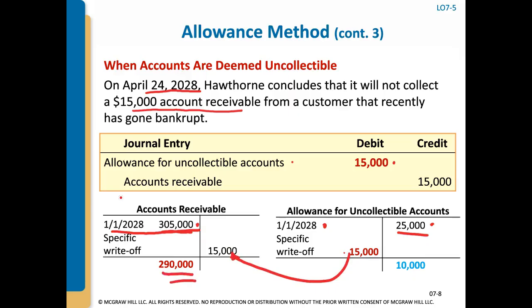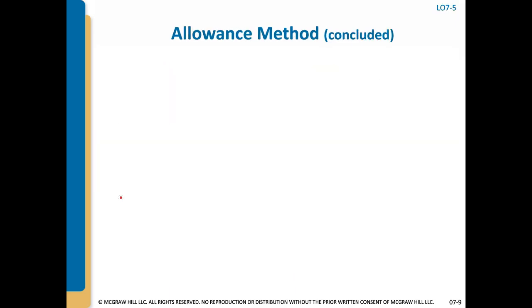So that way our accounts receivable account now has a balance of $290,000 because now we know for sure, it's not an estimate, that we're owed $290,000. So this ends up being, if you will, a balance sheet reclass of sorts between two balance sheet accounts.